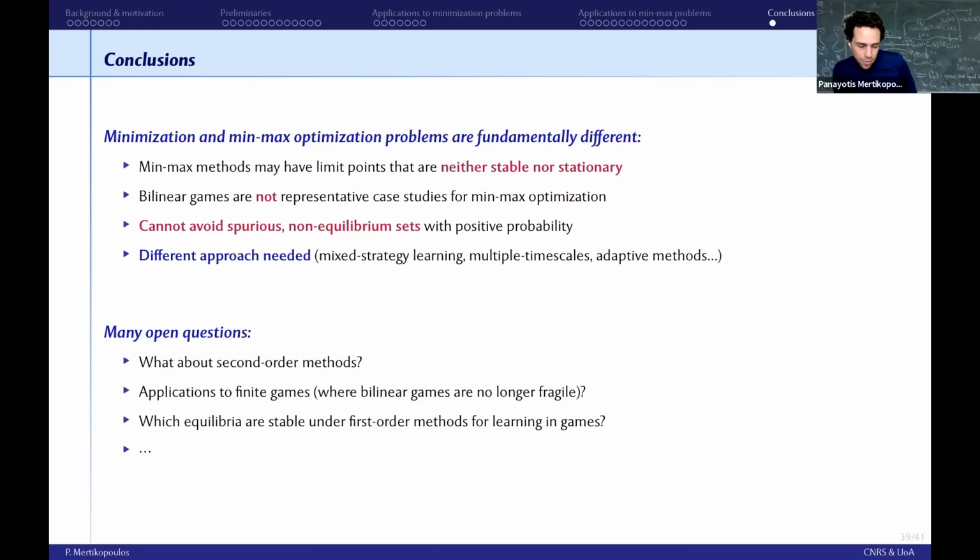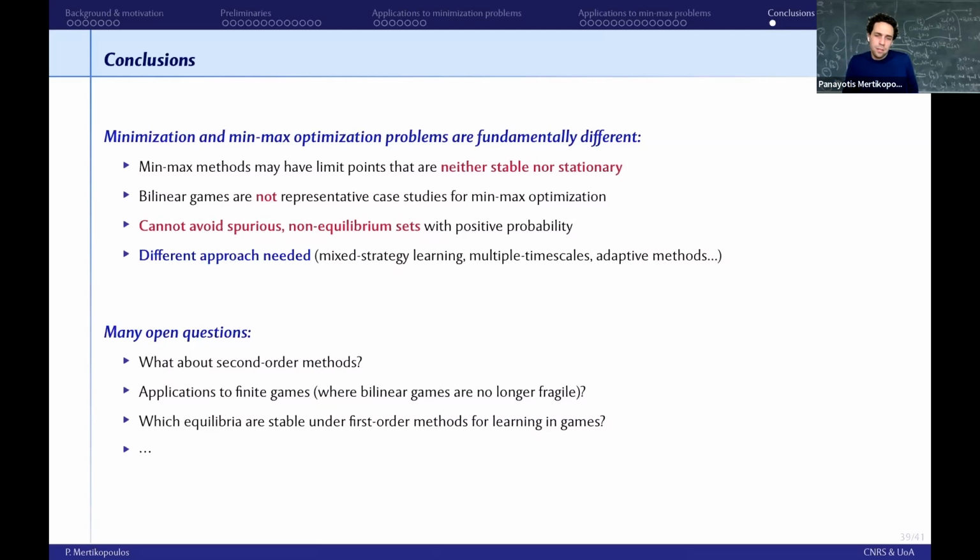So the open questions, there are many, is whether we can somehow do better by going beyond the first order case and do some more intelligent second order method. There's a recent paper by Daskalakis and co-author who has some first encouraging results in this direction.